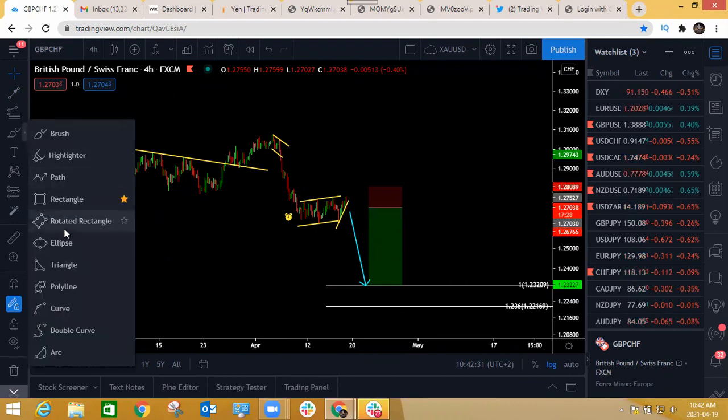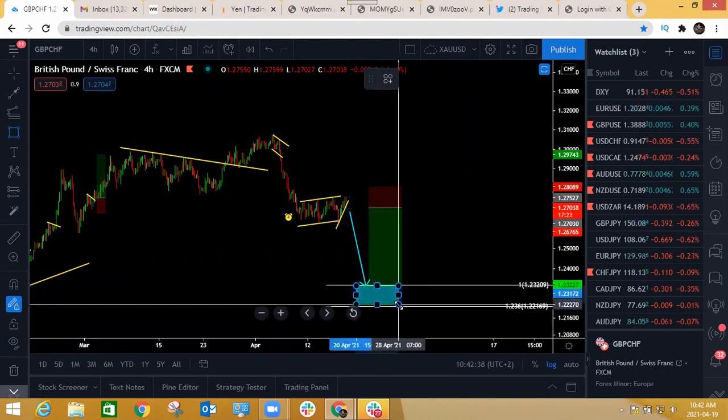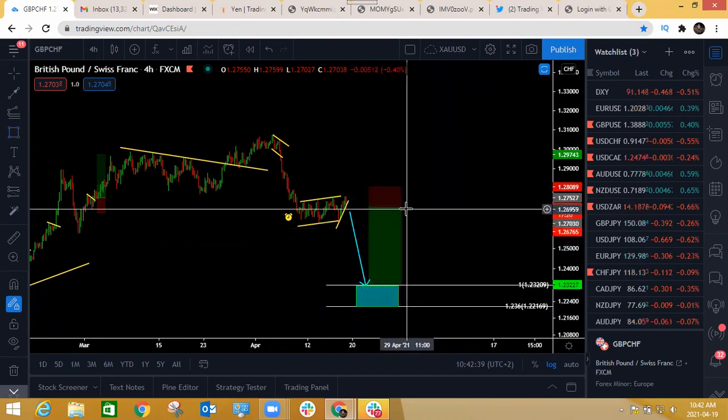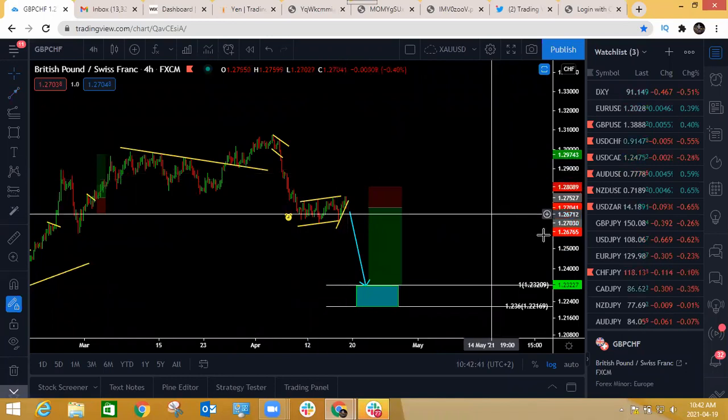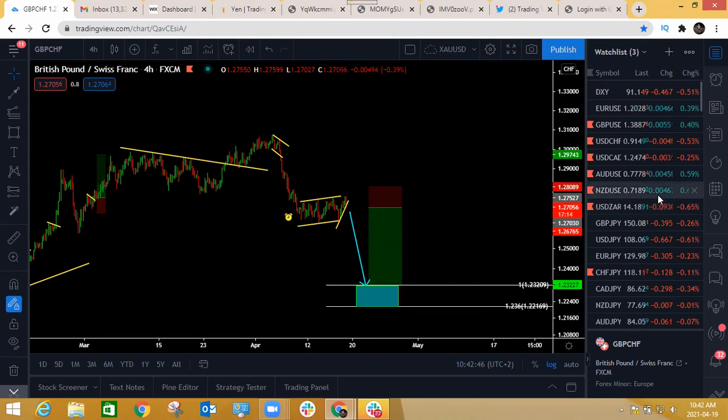And we'll have the blue box projected there. That's our trade setup on pound chief.